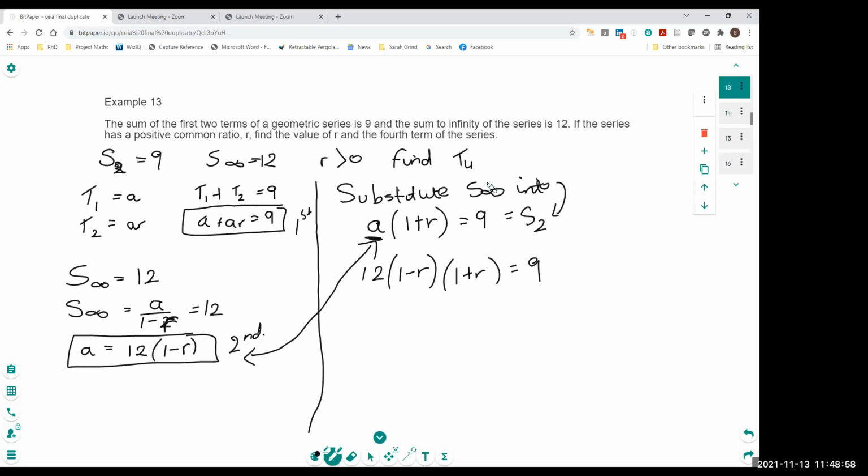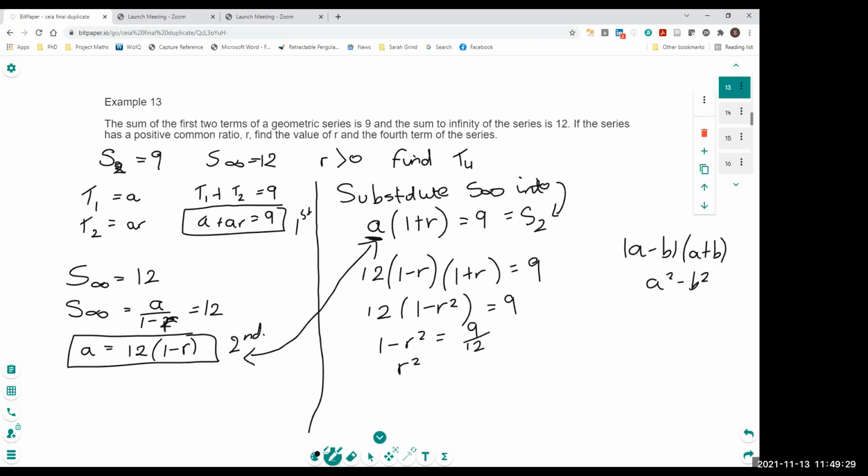So 1 minus R by 1 plus R is a typical product of a sum and difference, so you have 1 minus R squared. Remember, A minus B by A plus B is equal to A squared minus B squared, is equal to 9. 1 minus r squared is equal to 9 over 12.